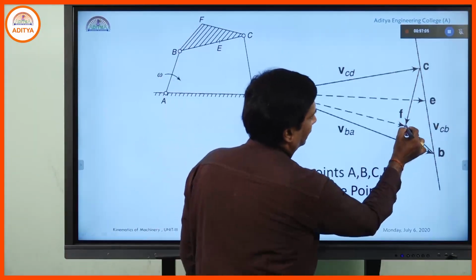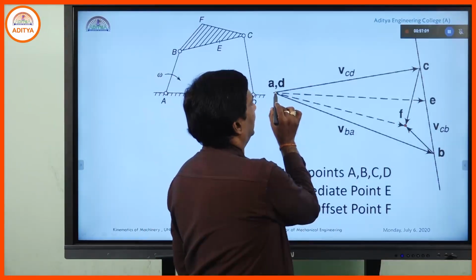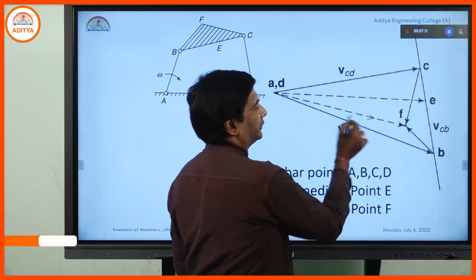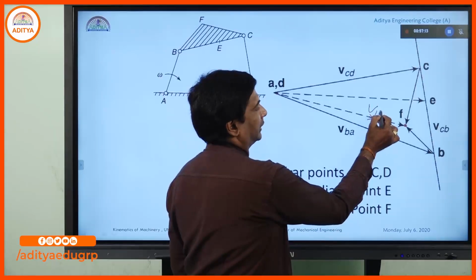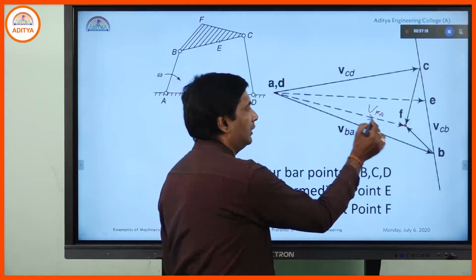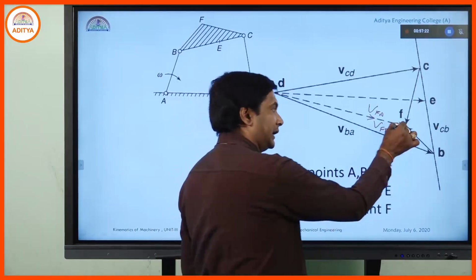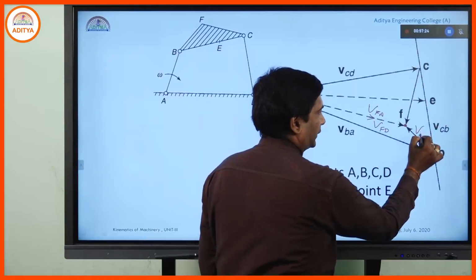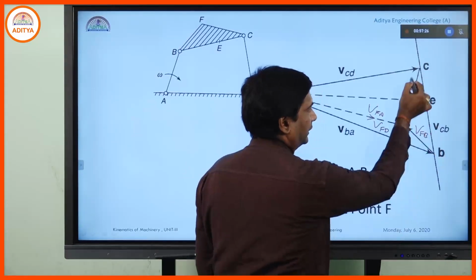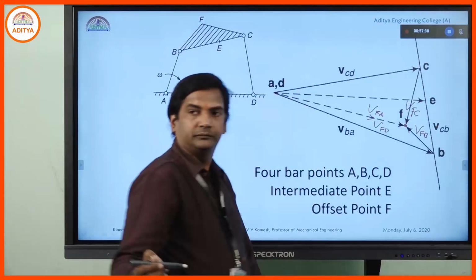So, after identification of the F, it can be joined with the original fixed point AD, then we can represent this as VFA, or we can call VFD. And if the direction is like this, this is representing VFB, this is representing VFC.